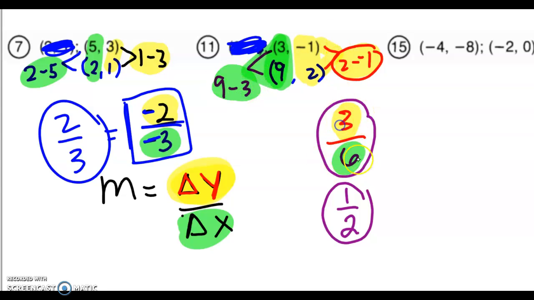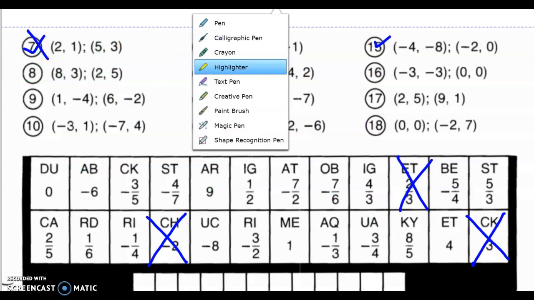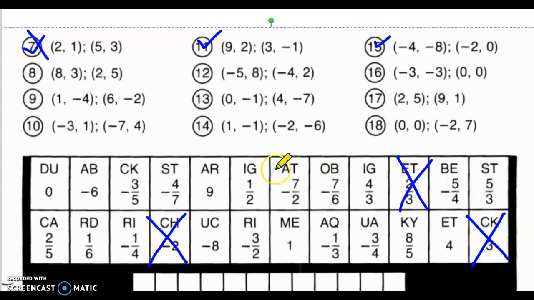So we got 3 and 6, and then if you reduce 3/6, you get 1/2. Okay? Find our answer. 1/2 is right here. All right? One more to go, number 15, and then I think you got it.